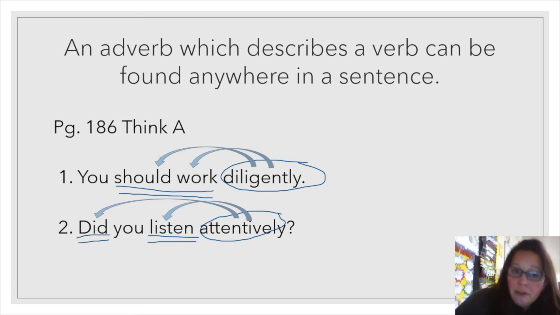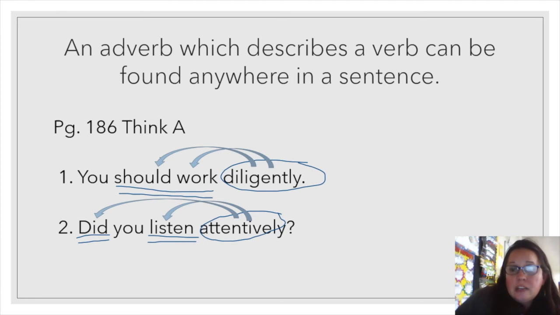So be very careful because the paper can get very messy very quickly. So always be very careful and neat when you're drawing these arrows. So that's how you're going to finish section A. So go ahead and do the rest by finding the verb, then circling the adverb, and then drawing neat arrows from the adverb back to the verb that it describes.